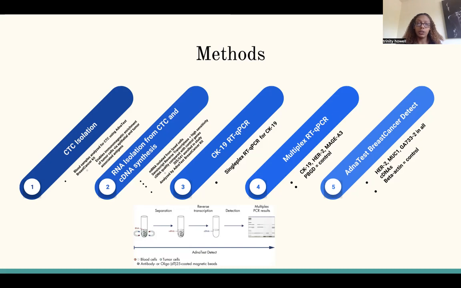CK19 RT-qPCR is a singleplex RT-qPCR which detects the expression of CK19. Multiplex RT-qPCR detects the expression of CK19, HER2, MAGE-A3, and PBGD, which is the control. And the ADNA-test breast cancer detects HER2, MUC1, GA7332, and all cDNAs and beta-actin as the control.